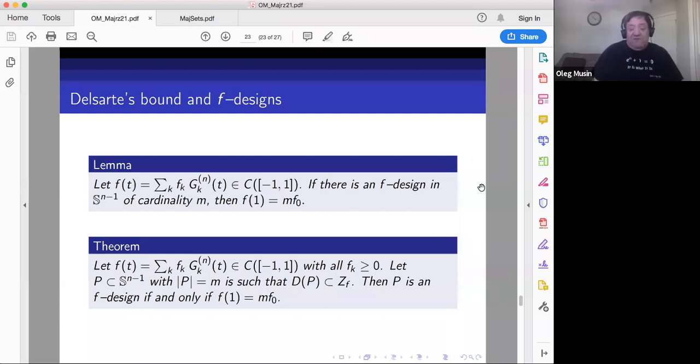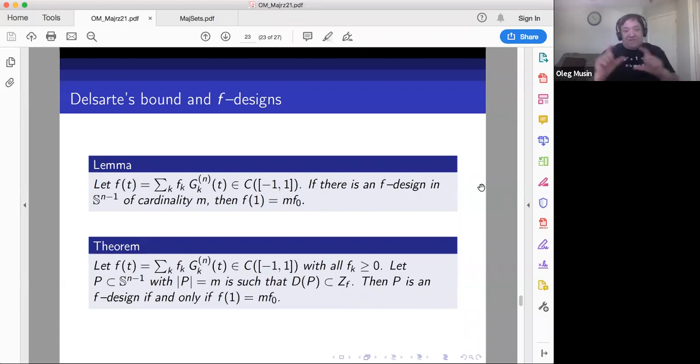Anyway, you can assume that f is a polynomial, and then if for a given f there exists an f design in accordance with the definition, so we have a design of cardinality m, then f of 1 is equal to m times f naught.